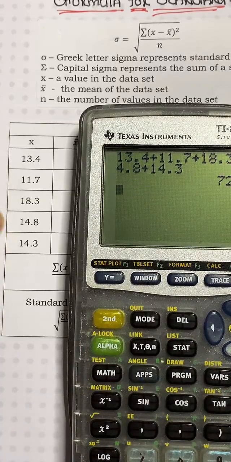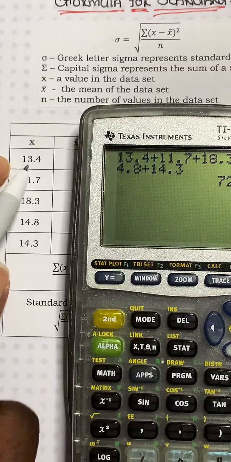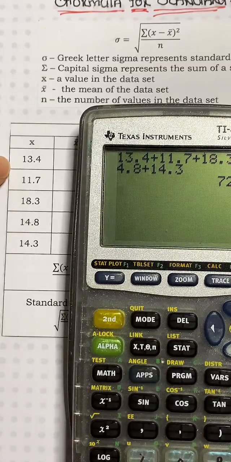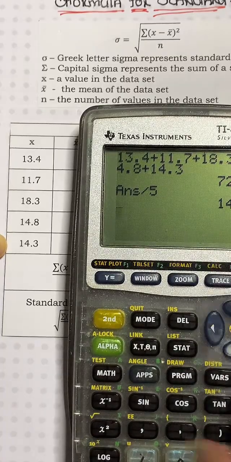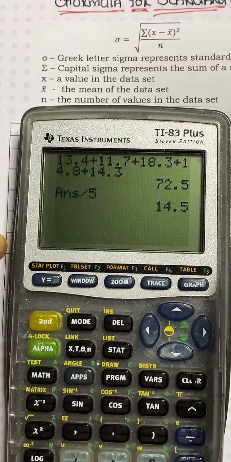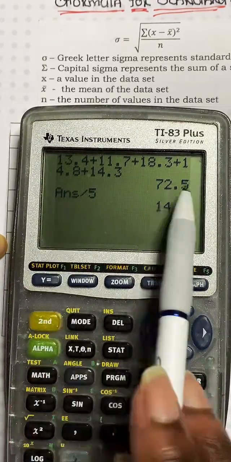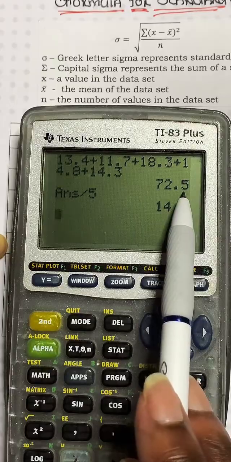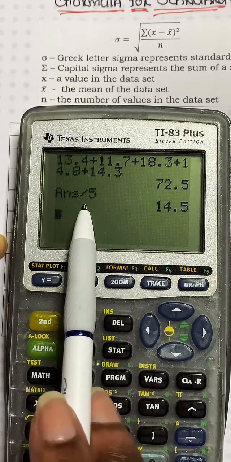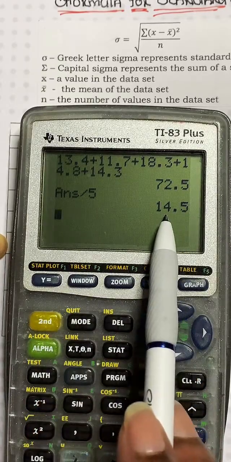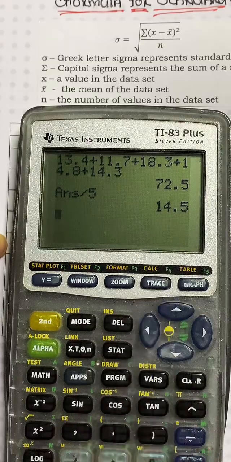Okay, hit enter. So when I add them, I got 1, 2, 3, 4, 5 numbers, so I'm going to divide this by 5. And this 14.5, which you can't see, sorry. When I add them all up, I got 72.5. And since there's 5 digits, I divide by 5 to give me my 14.5.